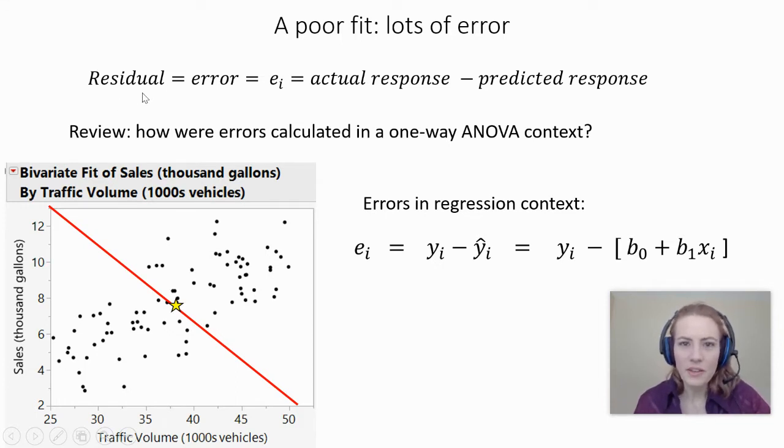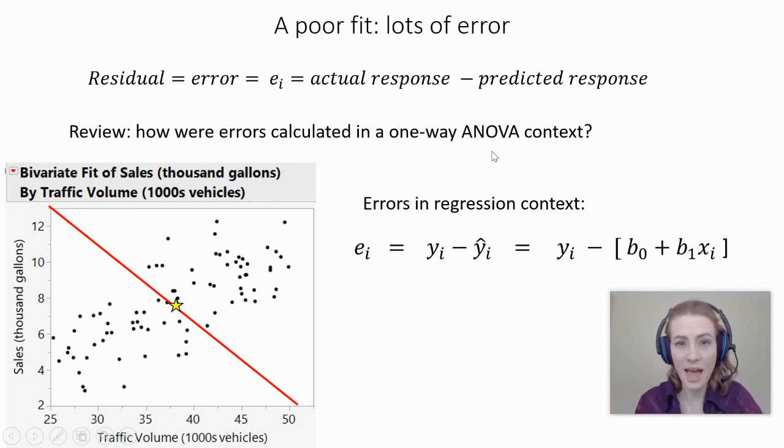We're going to do that using the concept of residuals or errors, which we've seen before in the context of ANOVA. So generally speaking in statistics, the error is the actual response value, what actually was observed, what happened, minus what was predicted by our model. Okay, so the errors you saw before were in one-way ANOVA.